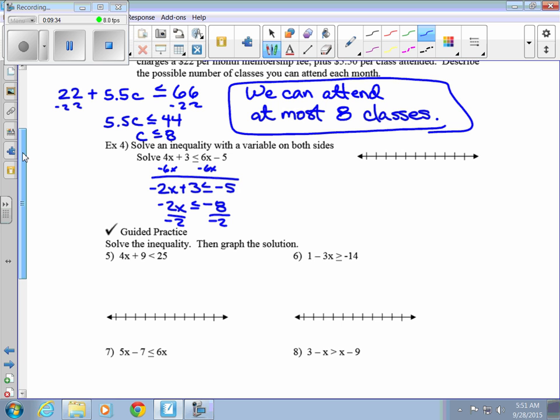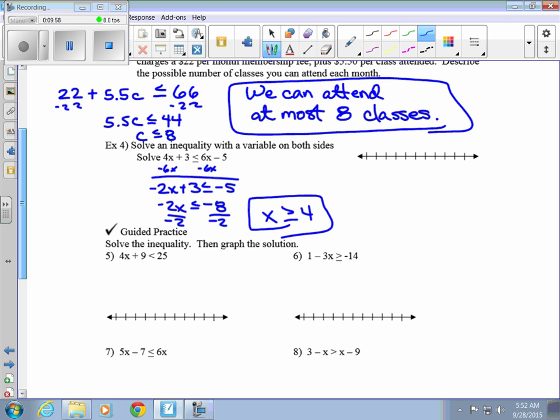Anytime you multiply or divide an inequality by a negative number, you must switch that inequality sign around. So I'm going to end up with x is now going to be greater than or equal to, because we divided by a negative 2, 4. Okay, so x is greater than or equal to 4.